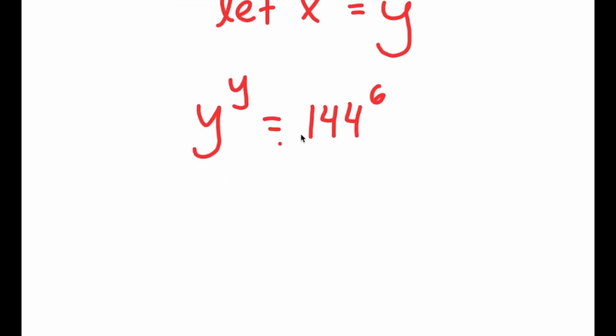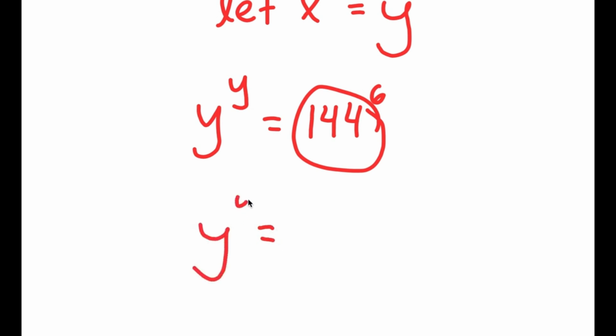Now what I'm going to do is rewrite 144 as 12 squared. So now I have y to the power of y is equal to 12 squared to the power of 6.